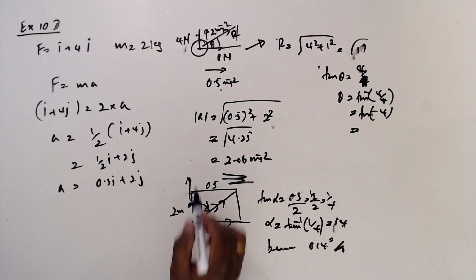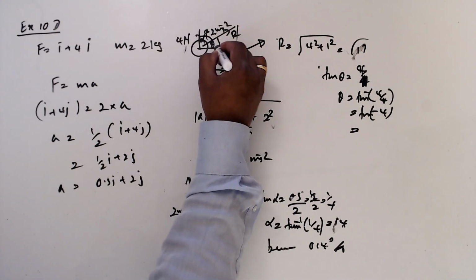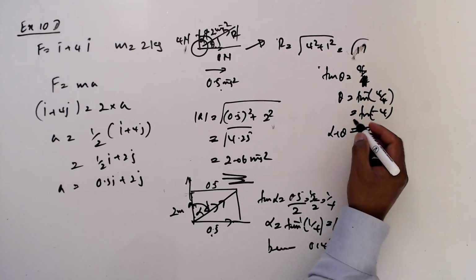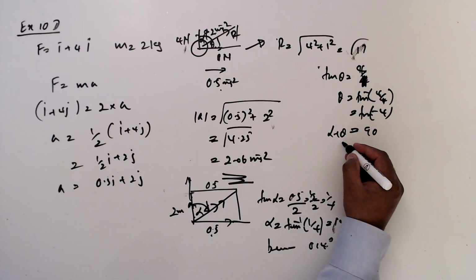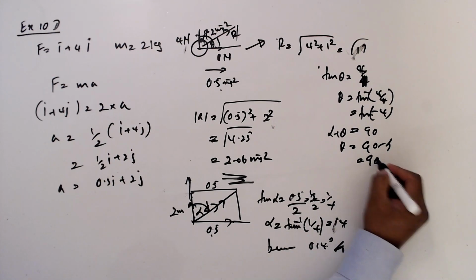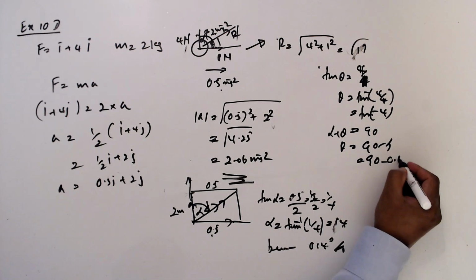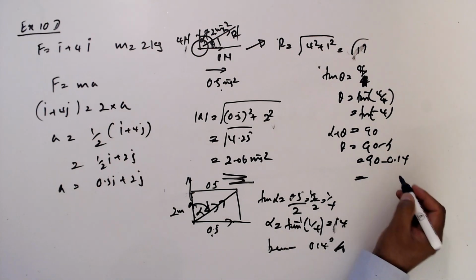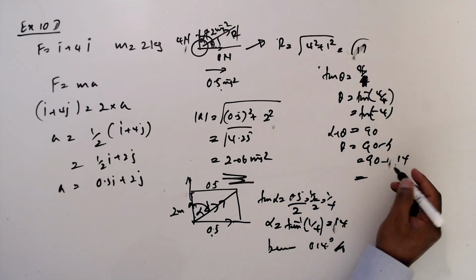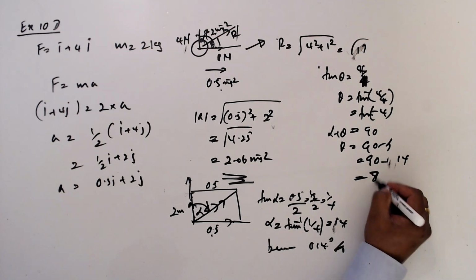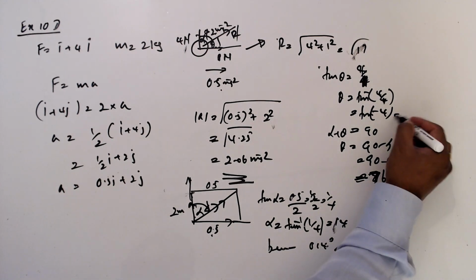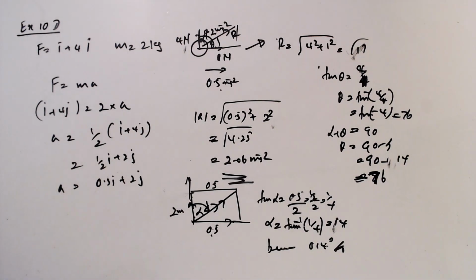So this is alpha, I took as this one. This is theta. So alpha plus theta equals 90. So theta equals 90 minus alpha. 90 minus 14 degrees is going to be 76 approximately. So this answer has to be 76 approximately.